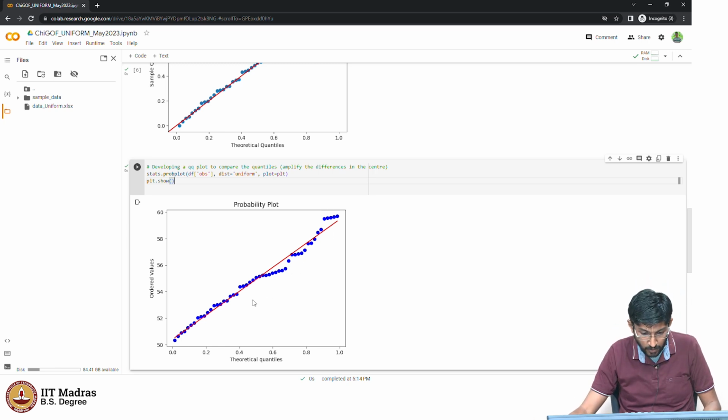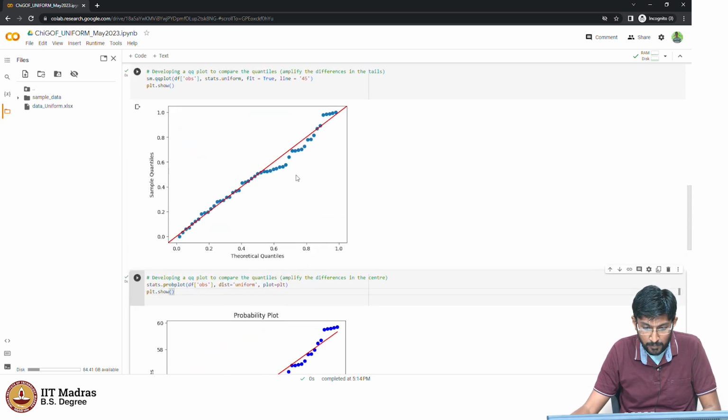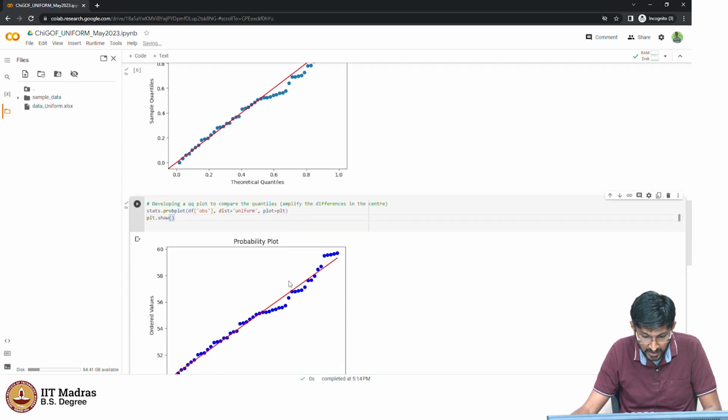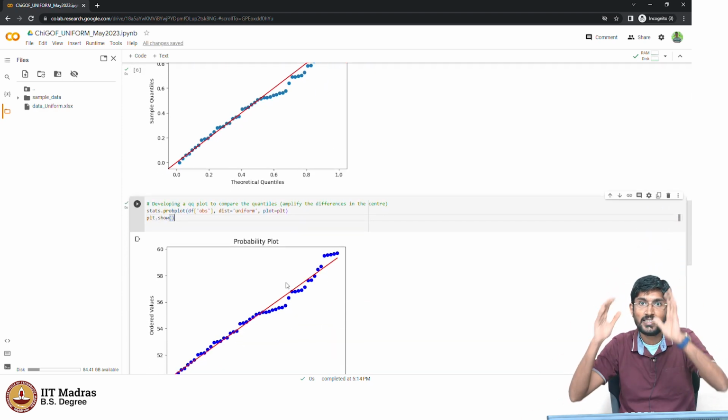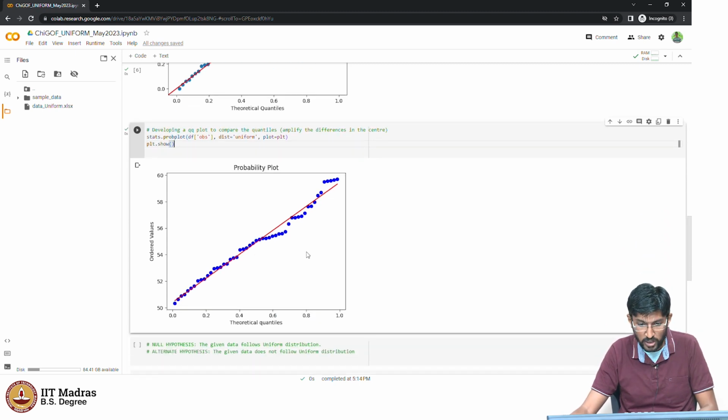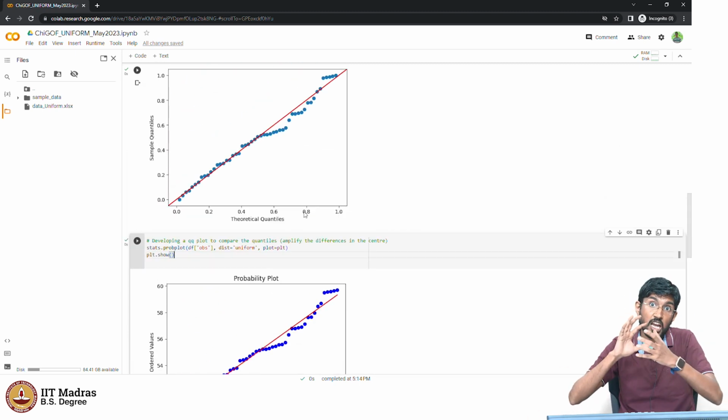And in this case, most of the points also fall on the line, and very interestingly, the deviations in the QQ plot and the deviations in the PP plot are exactly in the same area, right? So they are falling between 0.6 and 0.6 in both the PP and the QQ plot.